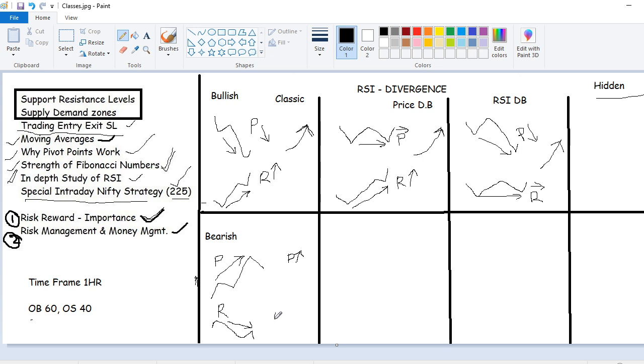This is the best example for classic bearish divergence. Okay, now what can happen, the stock can fall beautifully. When we were talking about bullish, we said both the levels should be below 40. In the same way, when we are talking about bearish, we say that both the levels should be above 60.